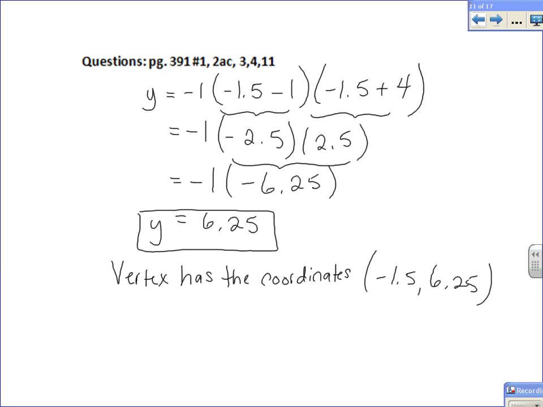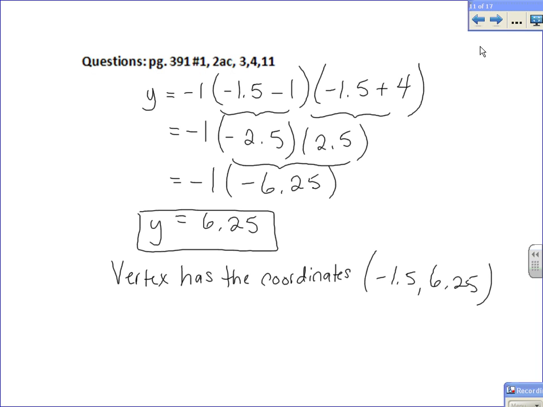And I'm done. So factored form gives us an awful lot of information. It tells us what the roots are. It allows us to immediately see what the value of a is. It also allows us to find the axis of symmetry, the y-intercept, and the coordinates of the vertex.